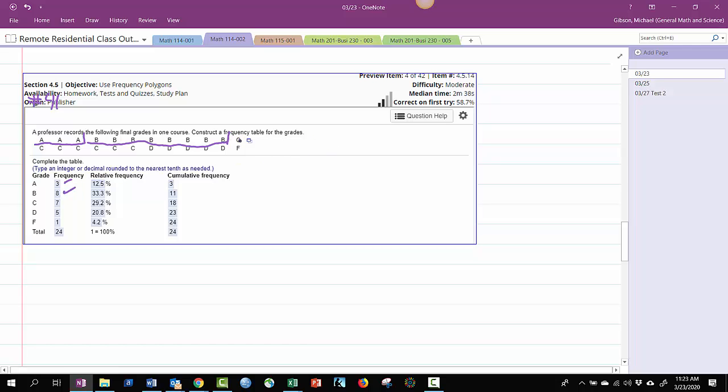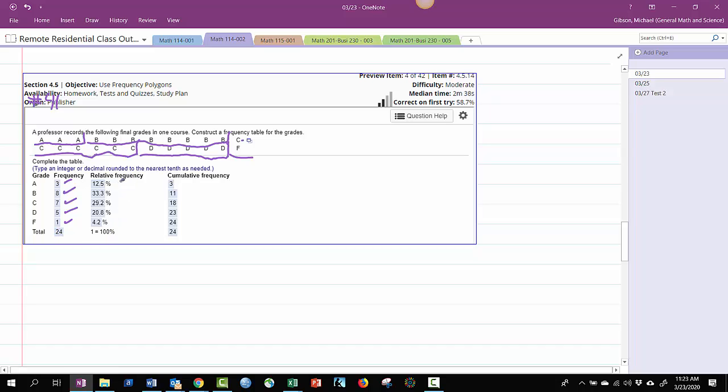Count the C's. 1, 2, 3, 4, 5, 6, 7 C's. 1, 2, 3, 4, 5 D's. And then 1 F, right? All right, so just count those up. Add those up, there's 24 total.